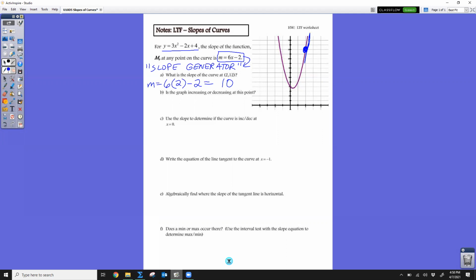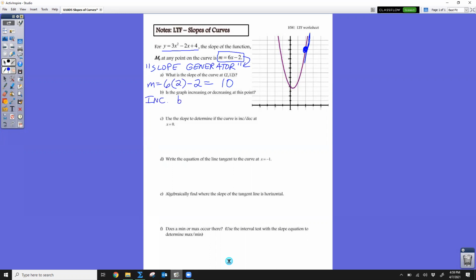Now, part B is asking, is the graph increasing or decreasing at this point? Now, we can see that it's increasing by looking at the graph, but what I'm basically asking you on this problem is to interpret what the slope tells us. All right, because obviously we're not always going to have a graph in front of us. So we know the graph is increasing. Okay, so I'm going to go and write that. It's increasing. Here's why, though.